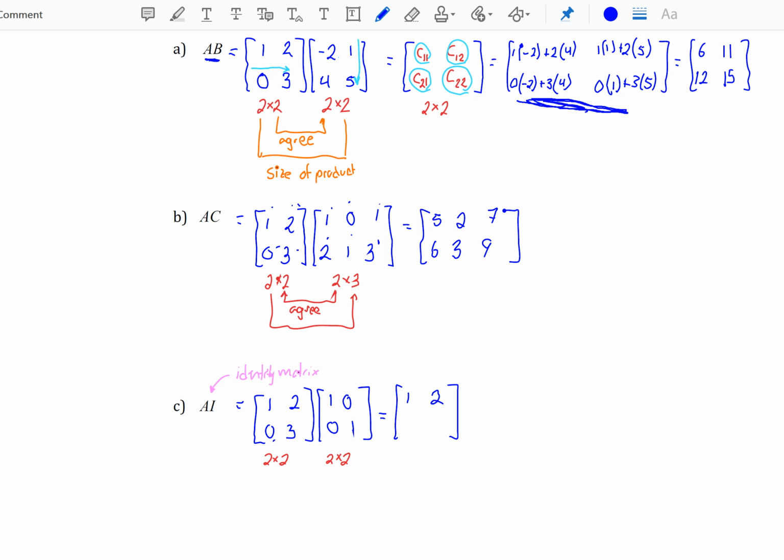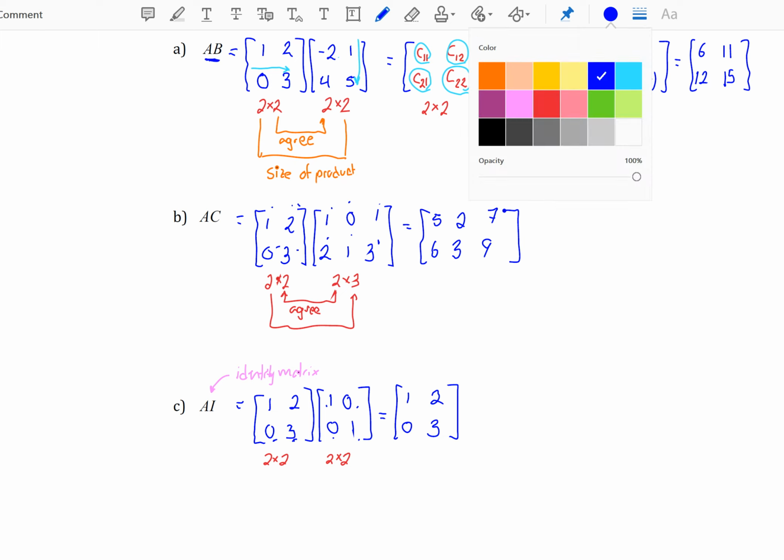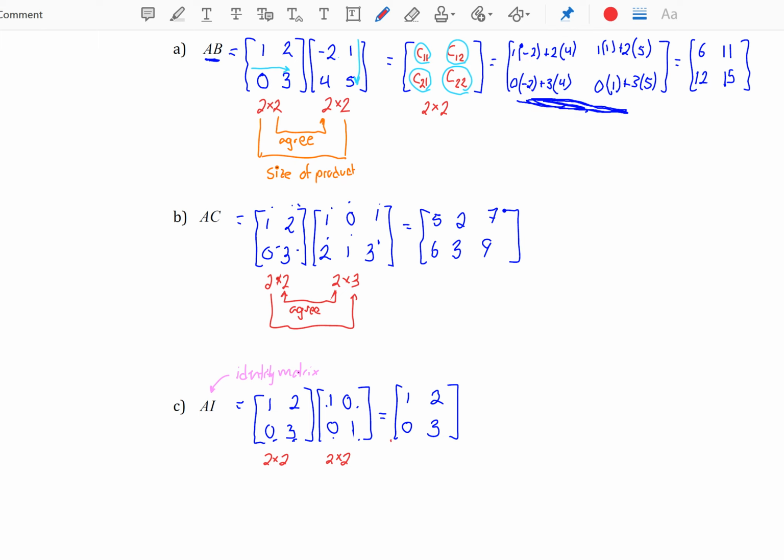Next one, 0 times 1 plus 3 times 0 should be 0. Last one, 0 times 0 plus 3 times 1 is 3. Notice that the matrix we got back is the exact same as the matrix A that we started with.